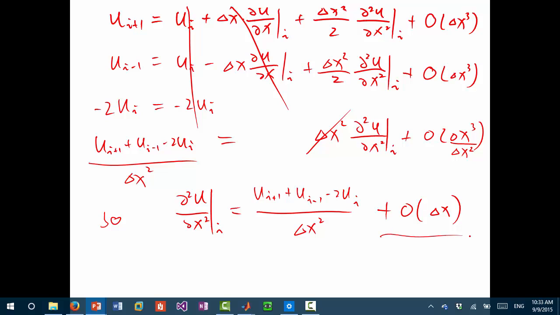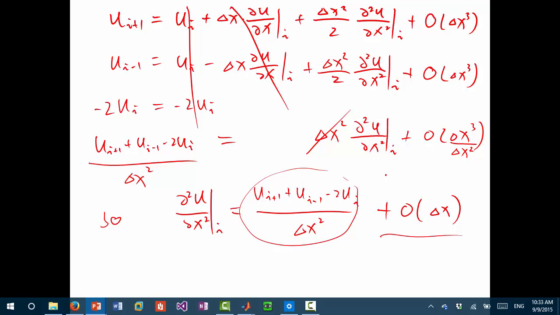What does this mean? This means as delta x goes smaller and smaller, this term goes smaller and smaller. If you choose a delta x that is small enough, this term is going to be small enough so that I have a good approximation. All finite difference methods aim to derive these kinds of finite difference approximations to all kinds of spatial derivatives, such that as delta x goes smaller and smaller, the approximation becomes better and better.